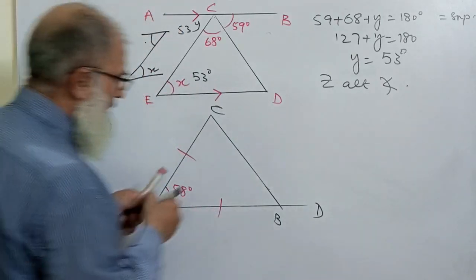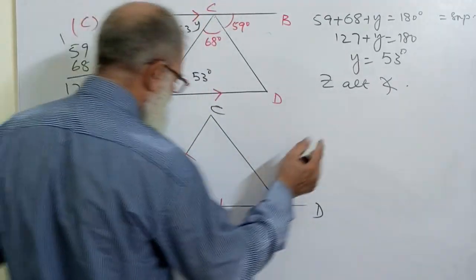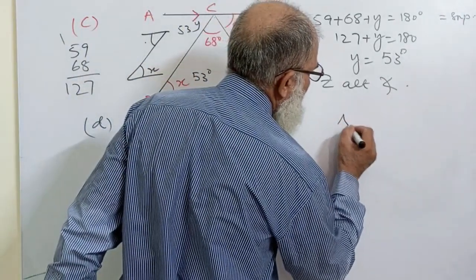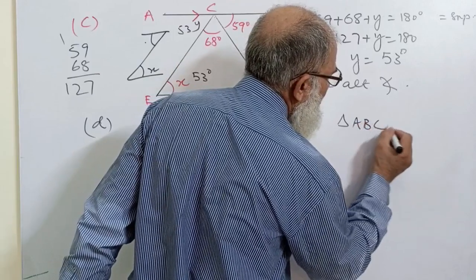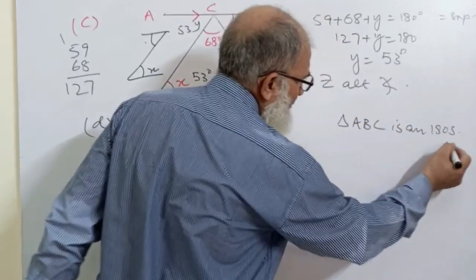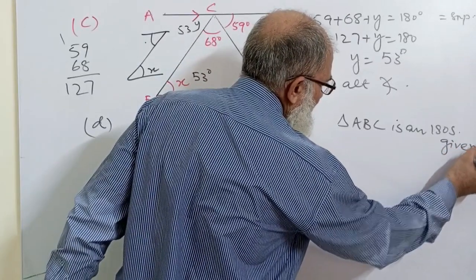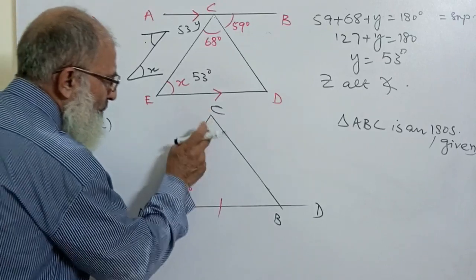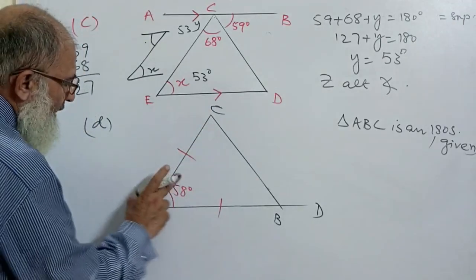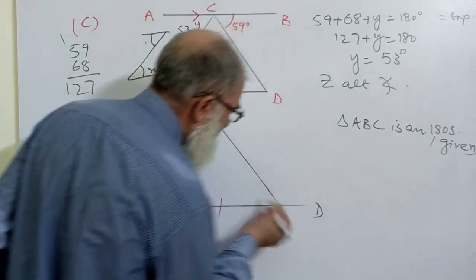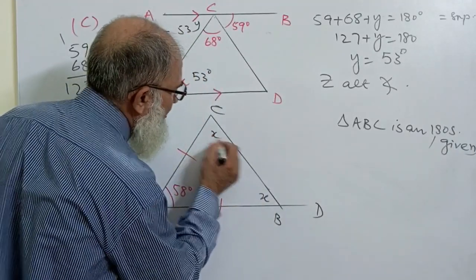Now I can write here in reason that triangle ABC is an isosceles triangle. So this is one reason. It is given also. So then when the included angle is given, the base angles you can find. Let us call these angles X.